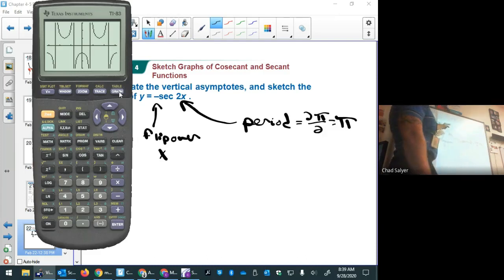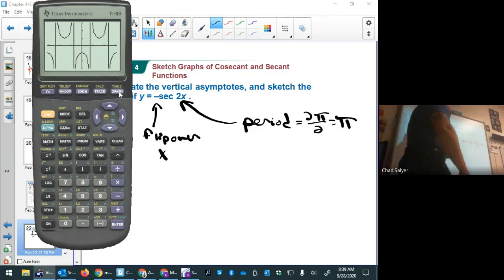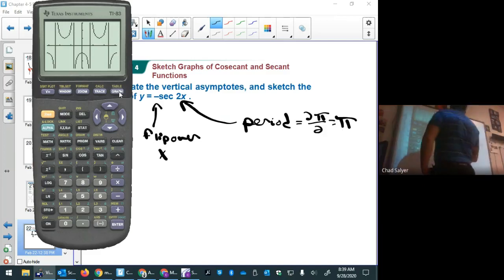So re-indexed to negative pi to pi and flipped over from that original formulation. Stop me if you have a question. Okay.